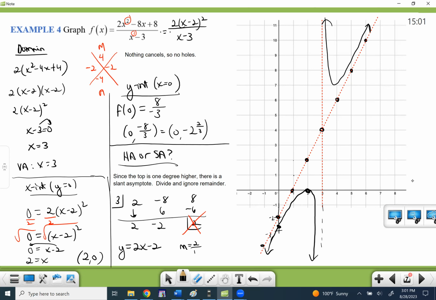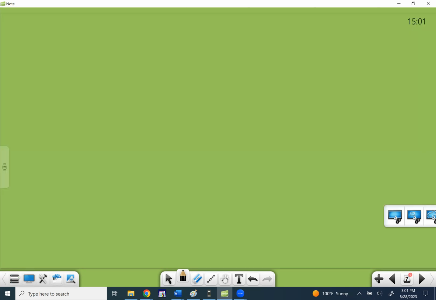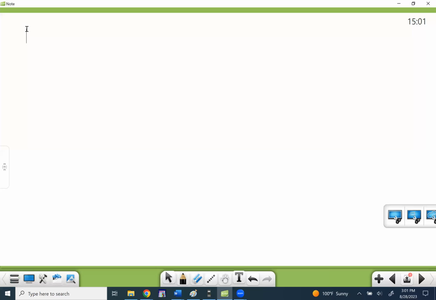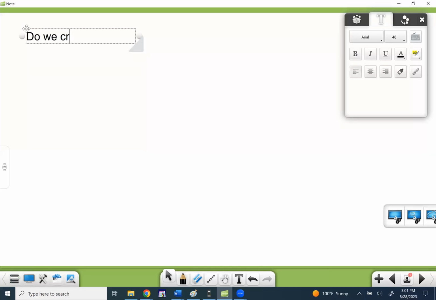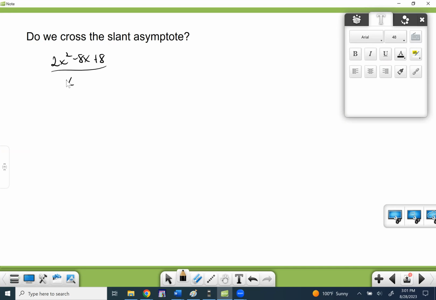Okay, so do we cross the asymptote? Let's ask that. Okay, so we're going to go ahead and set the original equation equal to the slant asymptote.